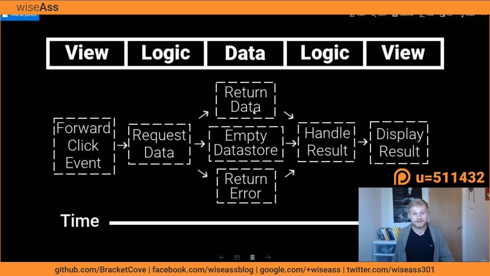If the database is empty, it might return nothing. If the database has something, it'll return data. It might return an error. So the logic is going to say, hey, database or data layer, hey, model, get me the thing I need. And then the model or data layer is going to say one of three things, and then the logic or the presenter is going to decide what to do.